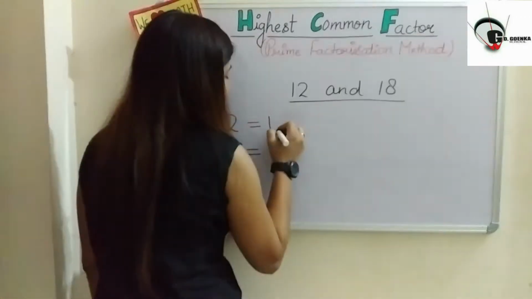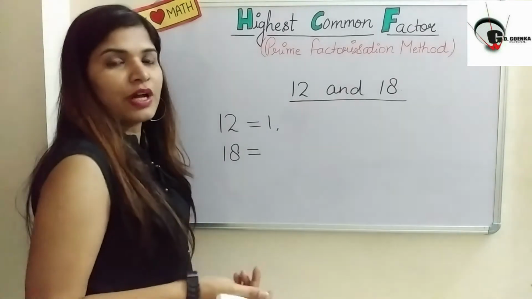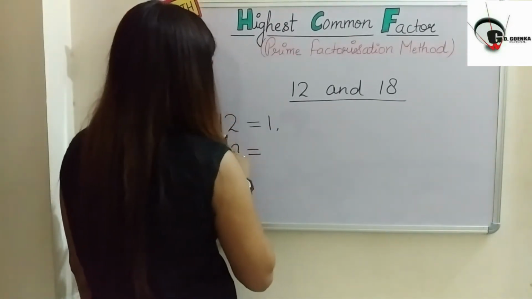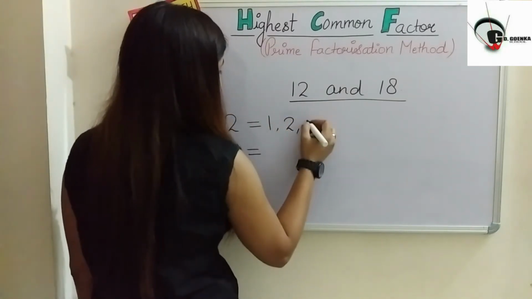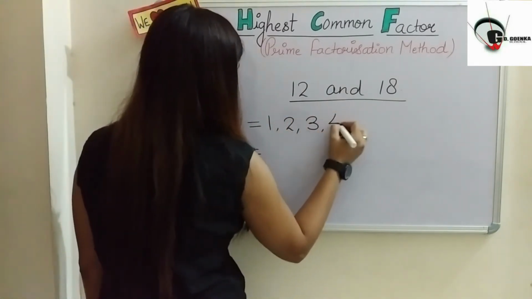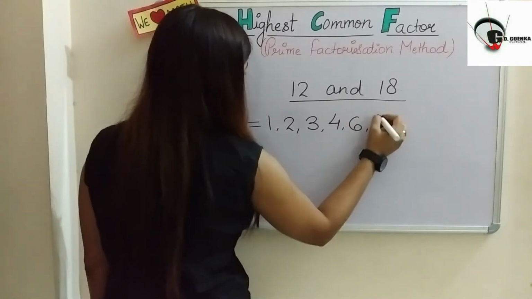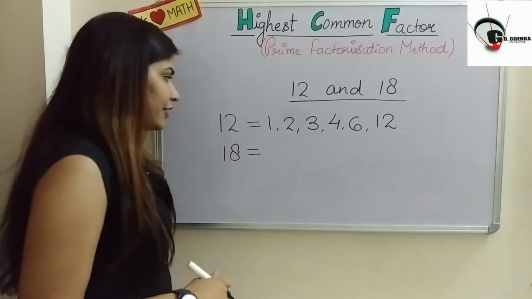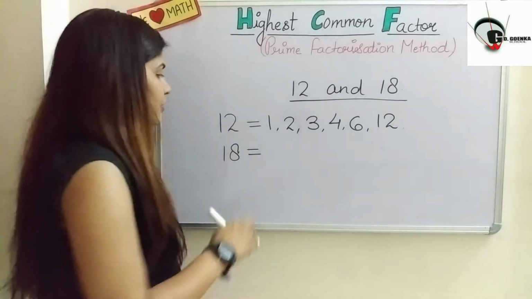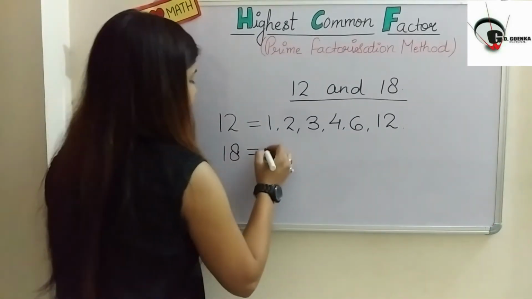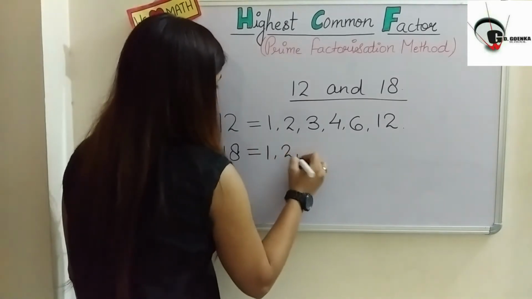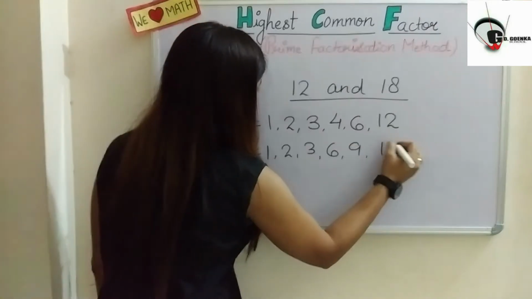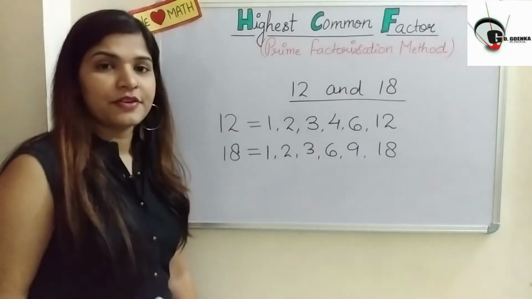Of course 1 is common in every number because 1 is a unique number and it is divisible by every number. Then 2, 3, 4, 6 and 12. These are the factors of 12. Then 18: 1, 2, 3, 6, 9 and 18, and these are the factors of 18.